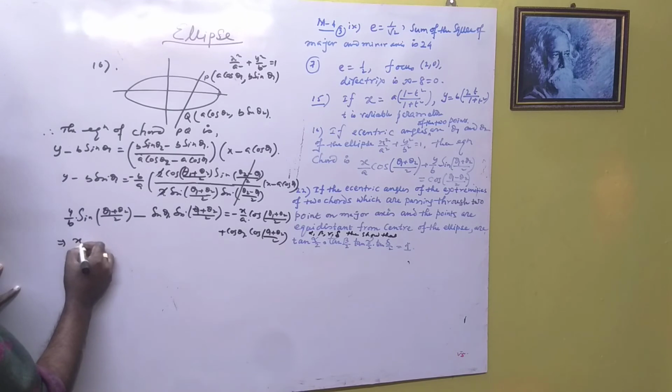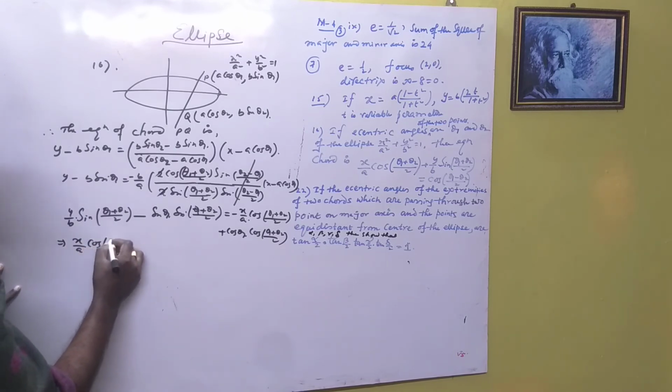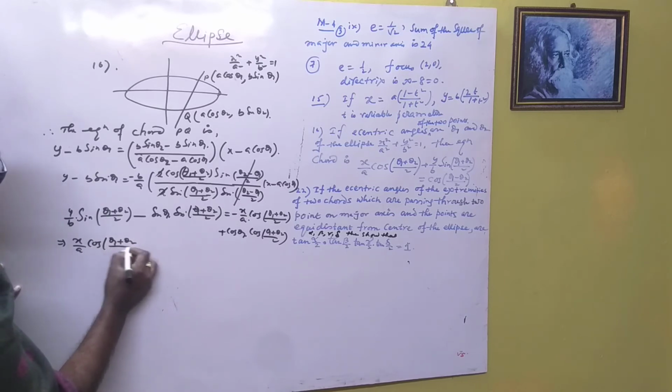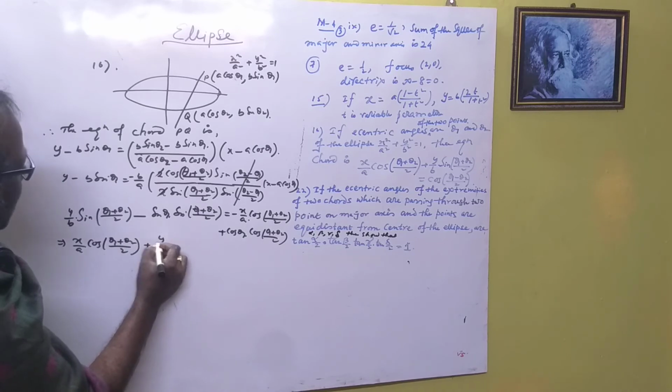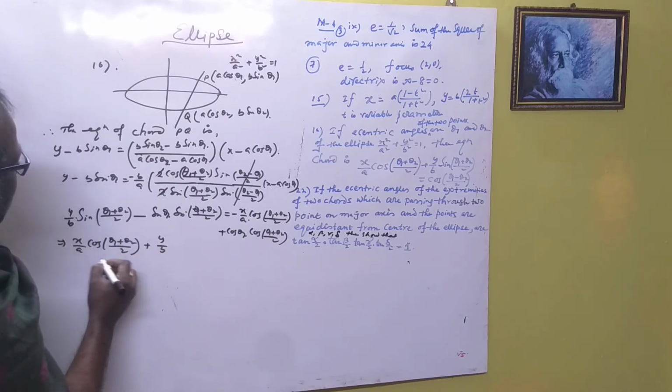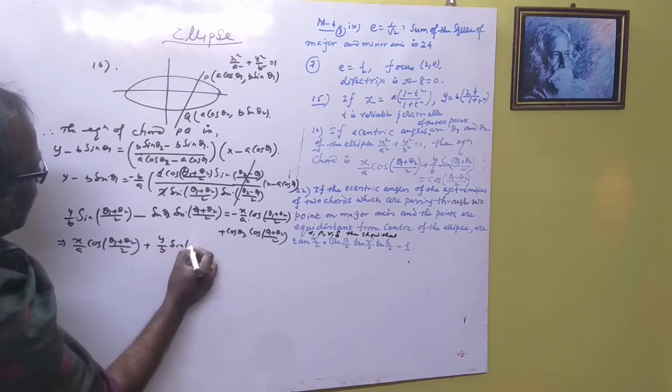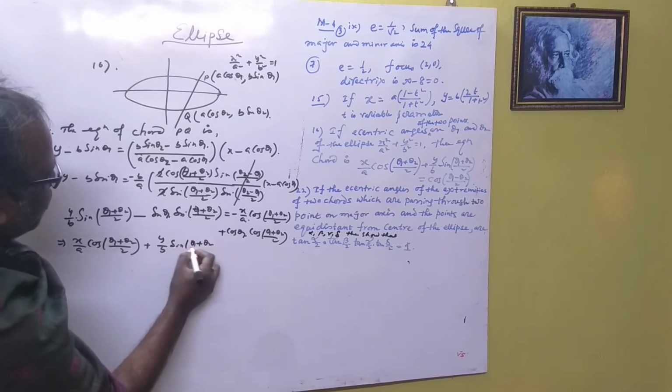Take this part on the left hand side: x by a cos of (theta 1 plus theta 2) by 2, and y by b sin of (theta 1 plus theta 2) by 2.